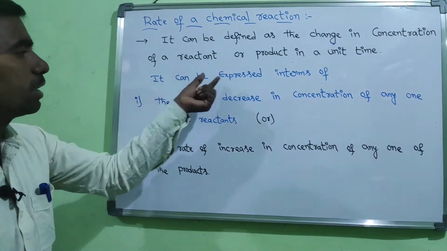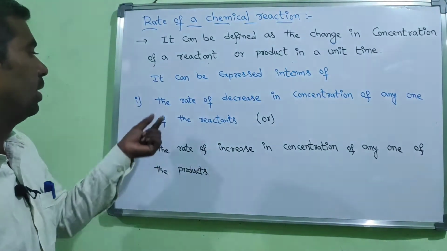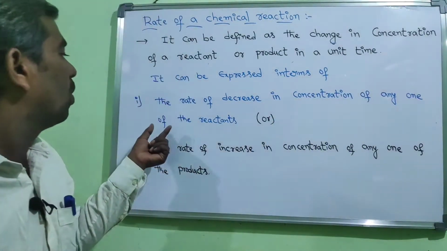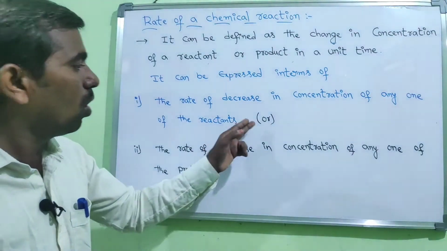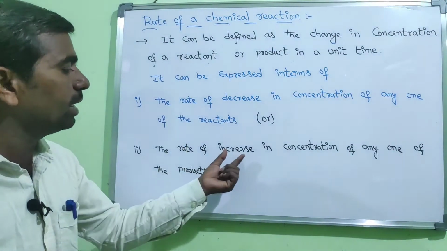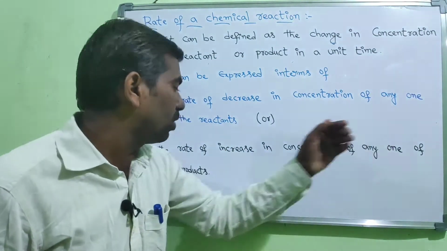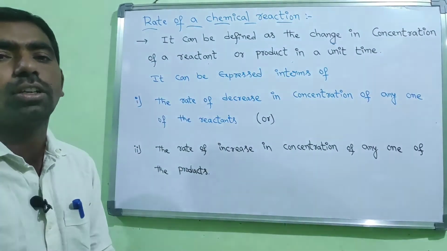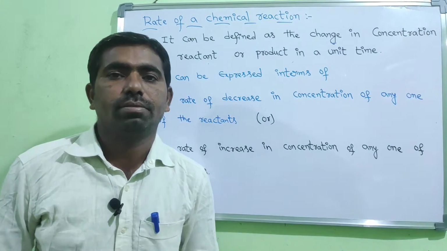It can be expressed in terms of the rate of decrease in concentration of any one of the reactants or the rate of increase in concentration of any one of the products. That is the definition of the rate of a chemical reaction.